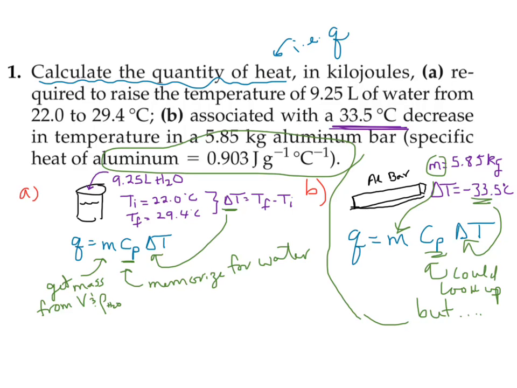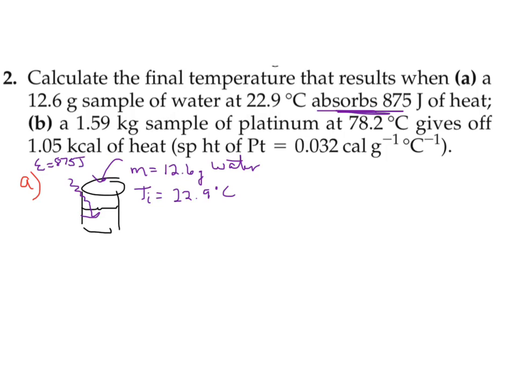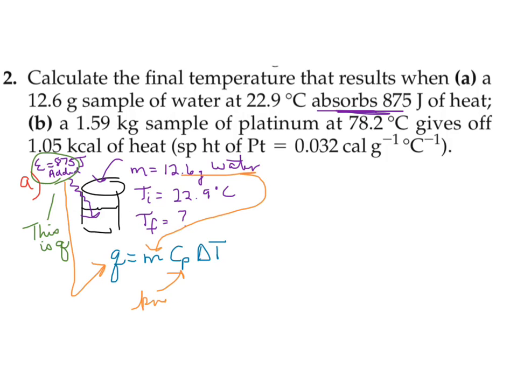The next one, though, there's all sorts of variations, which is good, I think. There's also two parts to the second problem. In this one, it's water again, they give you the mass, they give you the initial temperature. Notice that squiggle in. They're telling you Q, basically. They're saying we're going to add energy, but they're not giving you the final temperature.